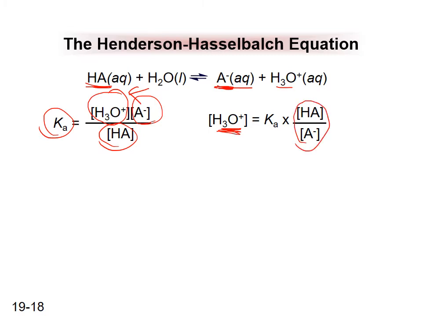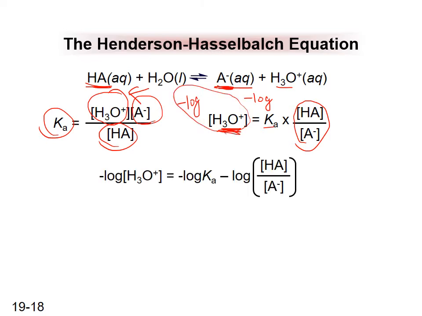We have seen this equation many times: Ka times acid over base. Now let's apply negative log on both sides. On the left side, negative log of hydrogen ion is just the definition of pH. pH is defined as negative log hydrogen ion. Now what about the right side?